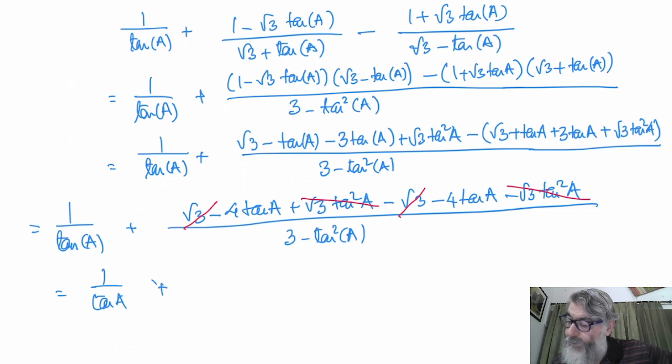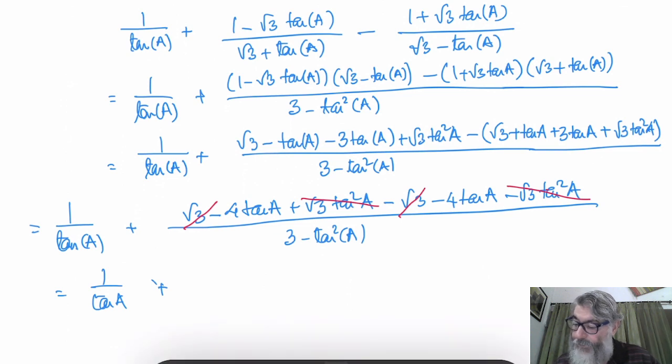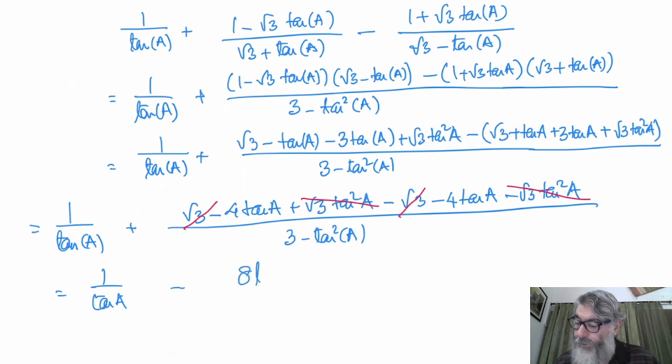It is minus 8 tan A. Here you get minus 8 tan A upon 3 minus tan square A.